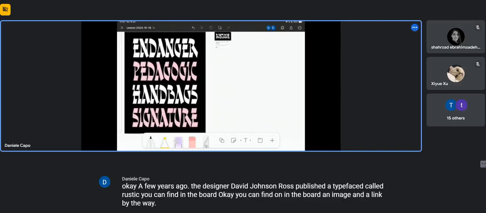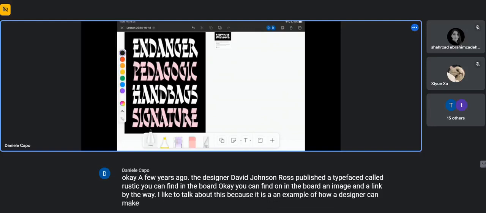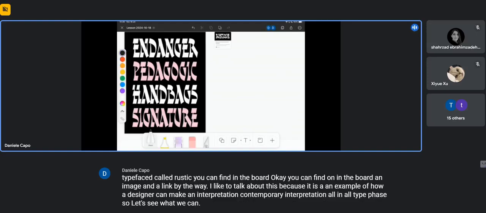By the way, I'd like to talk about this because it is an example of how a designer can make a contemporary interpretation of an old typeface. So let's see what we can learn and we can observe from this typeface.